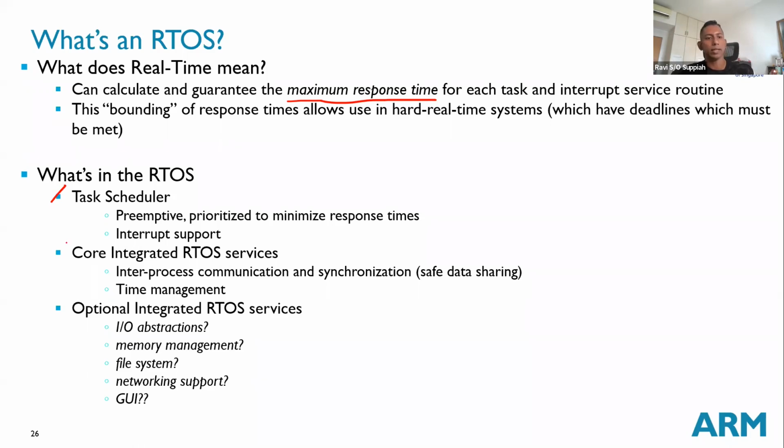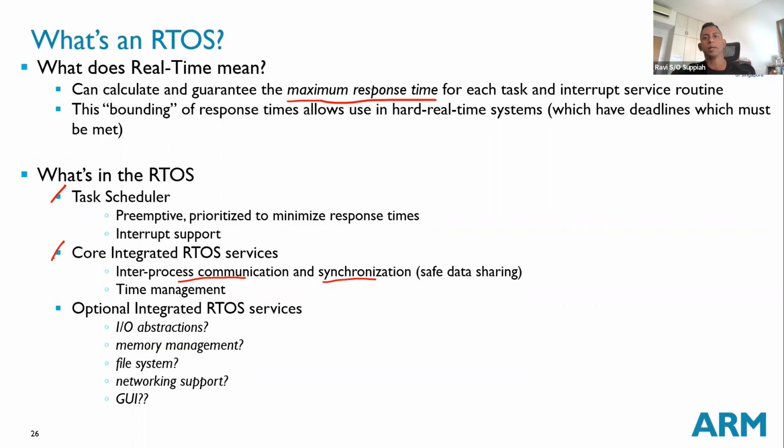Then you also need to manage those challenges. That is where the core RTOS services come in, things like inter-process communication and synchronization. How do I ensure that data currently handled by task 1 can be safely accessed by task 2? Again, this is very important, because if you do not handle data correctly, you can easily corrupt the data.